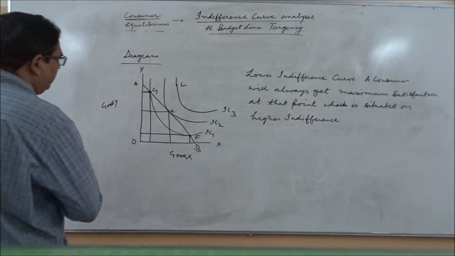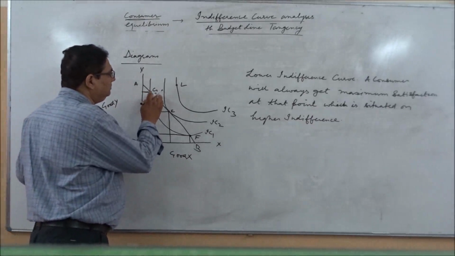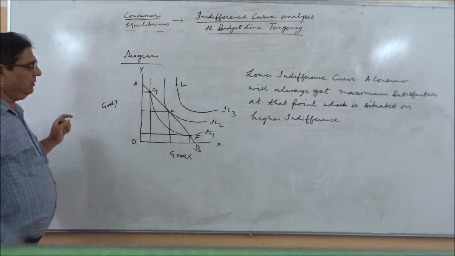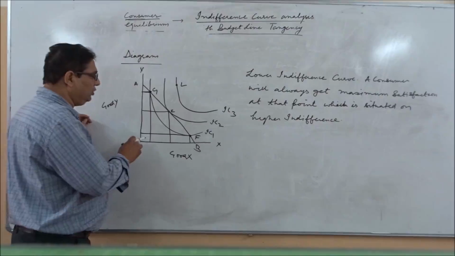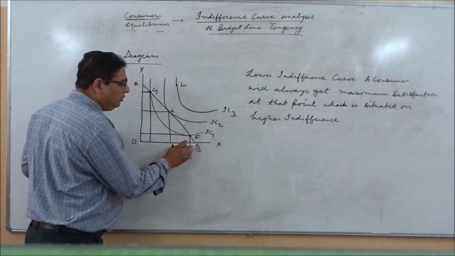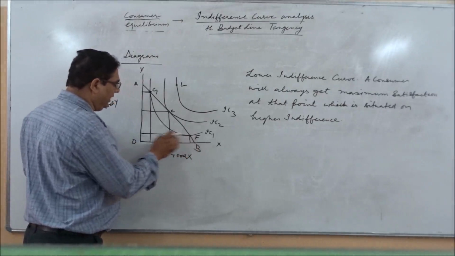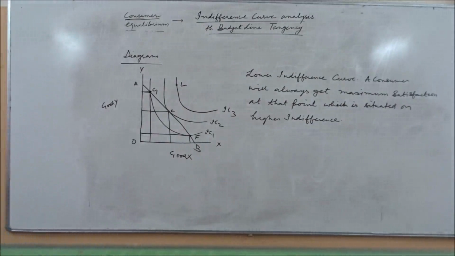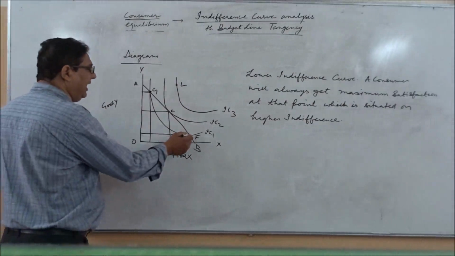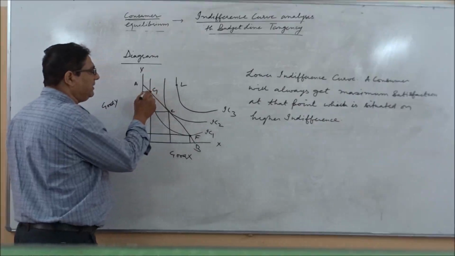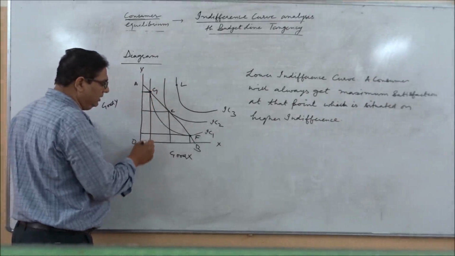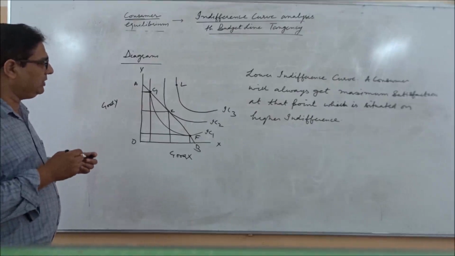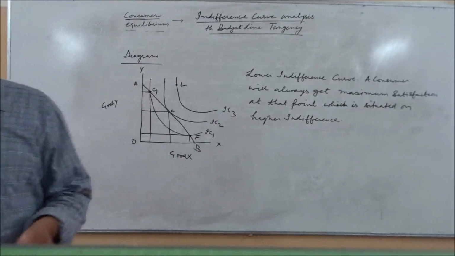He is purchasing more Y and very little X at G point. In the same way, he is purchasing the maximum quantity of good X at F point and very little quantity of good Y. But when he is at E point, he is purchasing both goods in almost equal quantity.